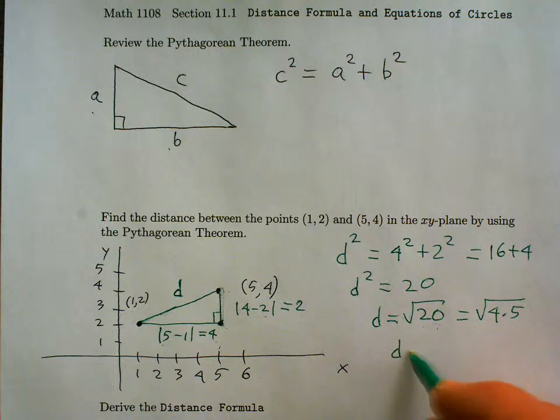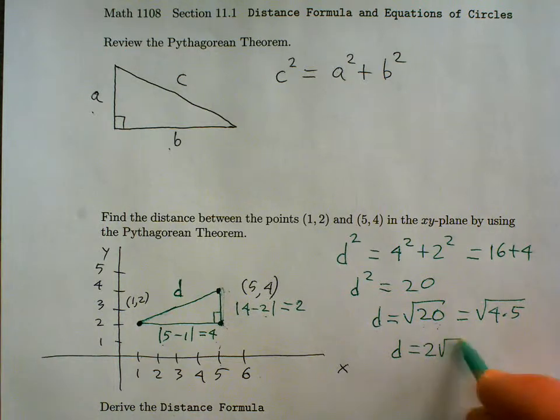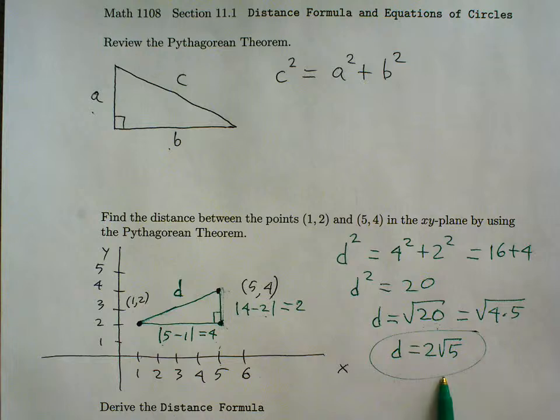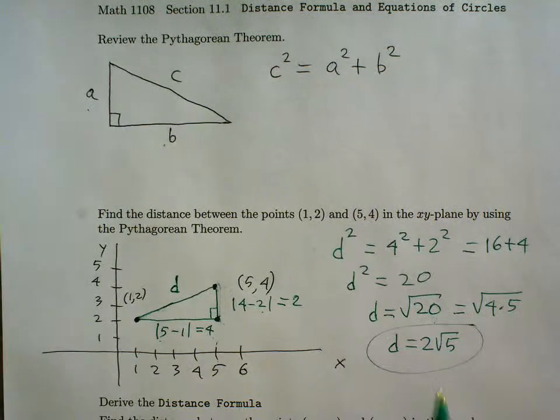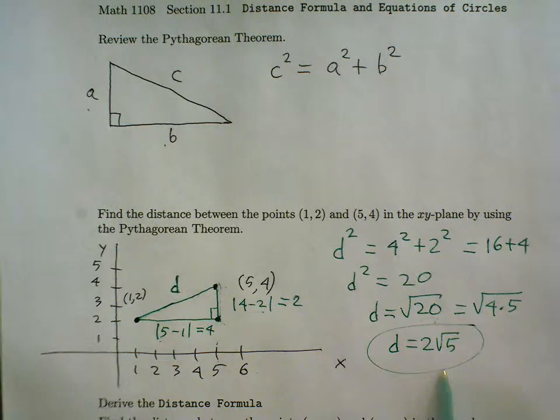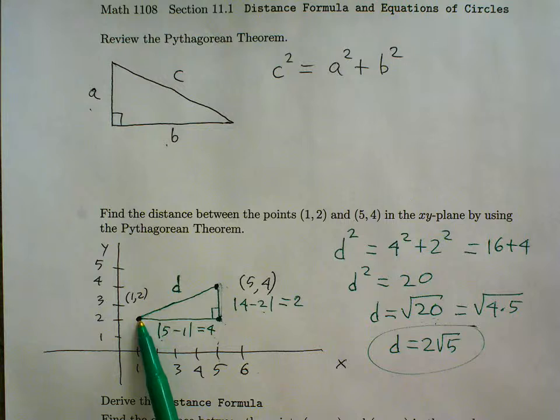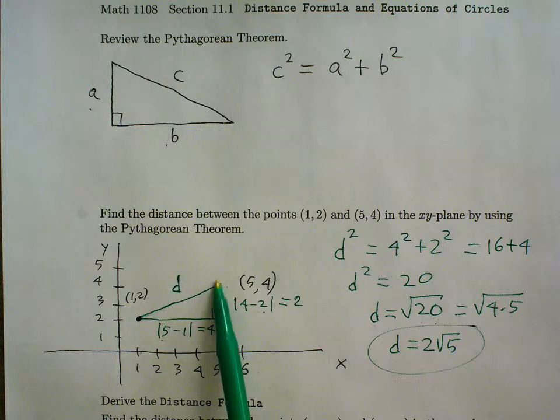And so the distance is 2 times the square root of 5. So in general, we can find the distance between 2 points in the xy plane just by applying the Pythagorean theorem to the appropriate right triangle.